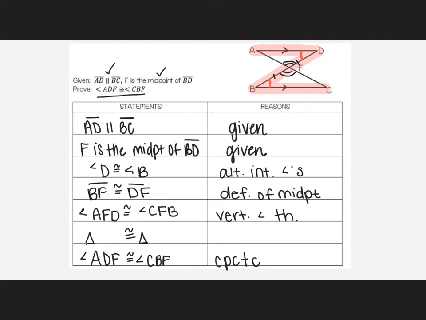So I'm going to have triangle ADF is congruent to triangle CBF. If I look at my diagram, again, we don't want to include the arrow when we're talking about which shortcut we used. So if you look, I have 2 angles and 1 side, and the side is between the 2 angles, so that's angle side angle.